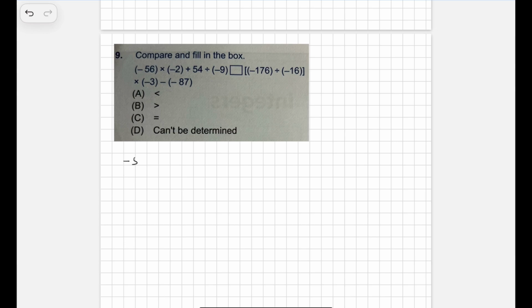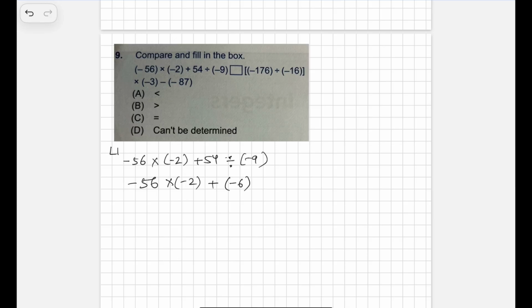Minus 56 into minus 2 plus 54 divided by minus 9. So apply the BODMAS rule. First you have to calculate the division part. So 54 divided by minus 9 is minus 6.